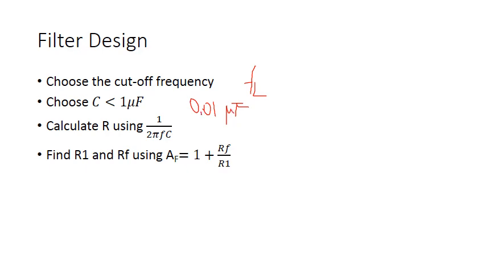Then we have to calculate R using this equation, 1 by 2 pi FC. Then we have to calculate the resistances R1 and RF using this gain equation, 1 plus RF by R1. We select R1 to be 10k ohm, and based on this we can calculate RF.